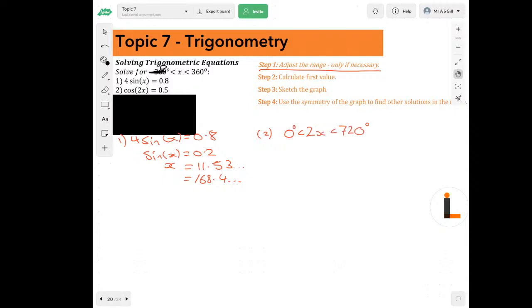So we had the range of 0 and 360 for x before, now we're going to have the range of 2x between 0 and 720. Then we can still go through and solve as normal. The only difference is we're not going to get answers for x straight away, we're going to get answers for 2x.